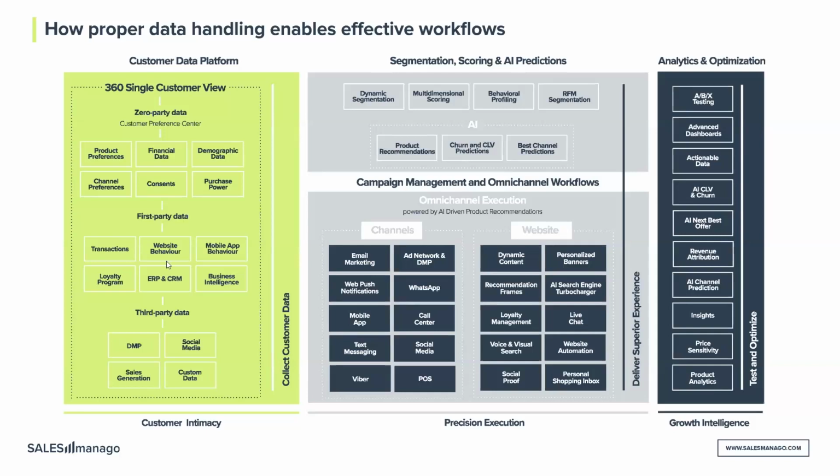So once we have this pile of data, zero-party data, first-party data, third-party data, it's a shame to just leave it like this. It should be working. It should be fueling processes that can result in really good marketing. So first of all, it needs to be detangled.